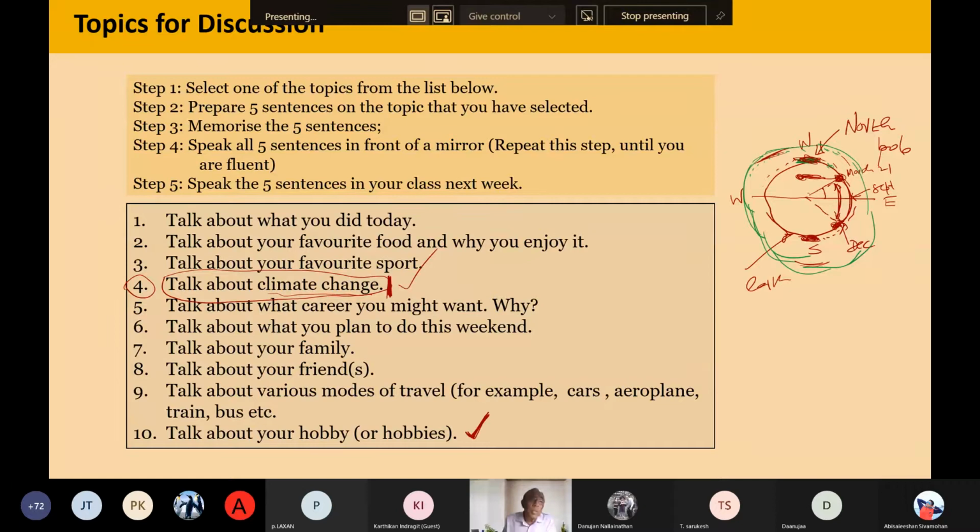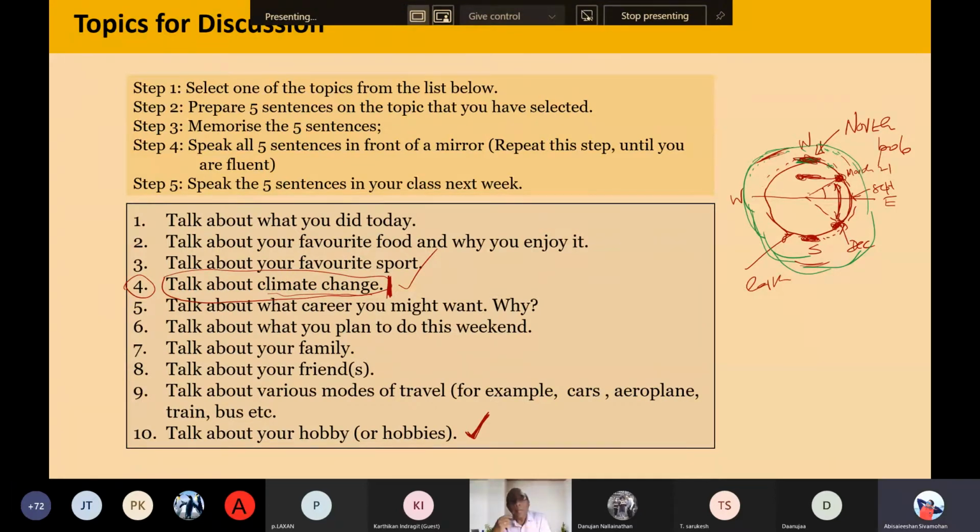All you need to do is go into Google, read through about climate change, why the earth is getting warmer. Sir, I have prepared PowerPoint slides for that. You mean for climate change? Yes, sir. Maybe show it to us next time then, okay? Okay, sir. All right, I'll give you the screen control. You can give it to us next time. So I think everybody should look at climate change. Just type in on Google why the earth is getting warmer, and there'll be a lot of people discussing it.